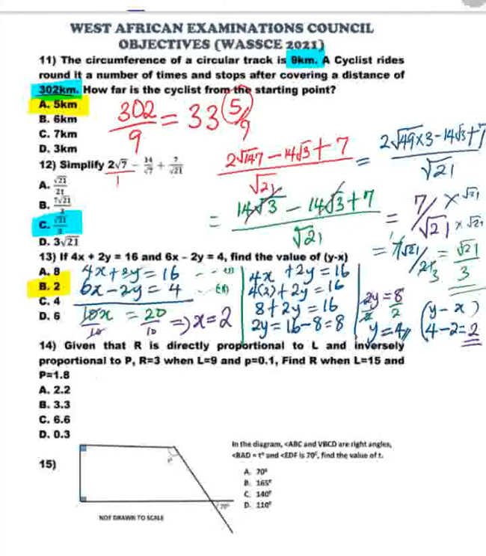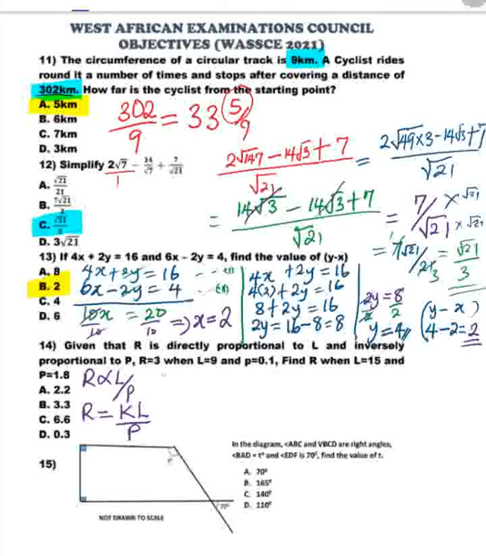We have R directly proportional to L and inversely proportional to P. That is to say, R will be equal to KL over P, where K is a constant of proportionality.